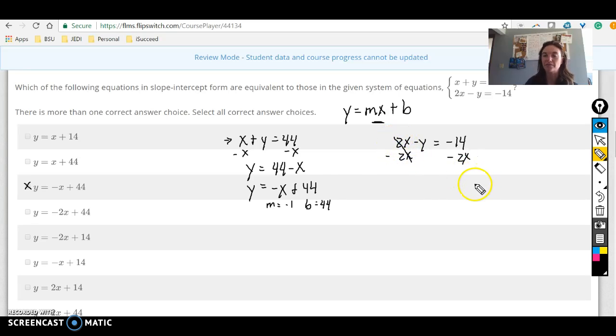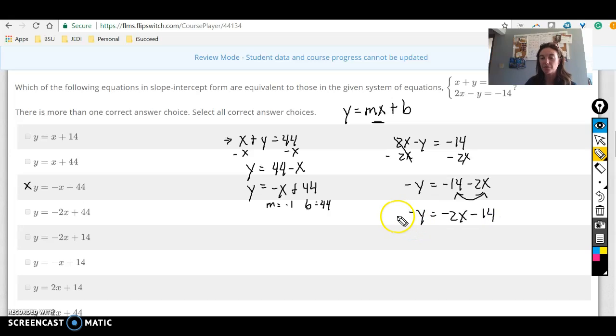That's going to cancel out over here on the left, and on the right we're going to be left with negative y equals negative 14 minus 2x, and I'm going to rearrange these so that I'm in y equals mx plus b. So I have negative y equals negative 2x minus 14.